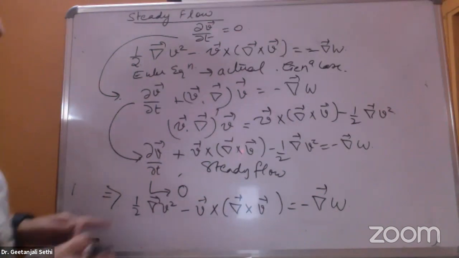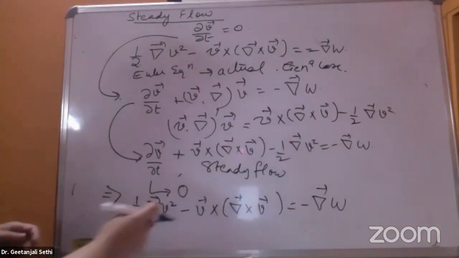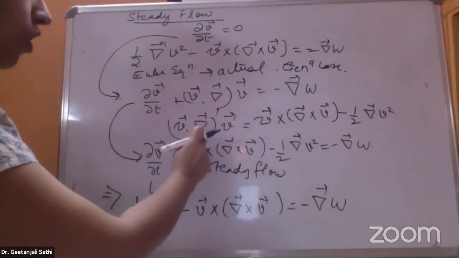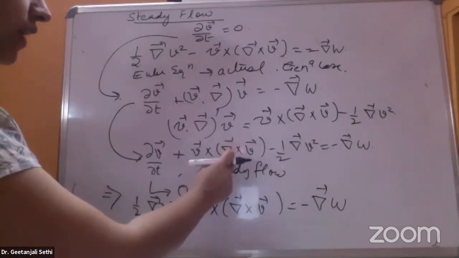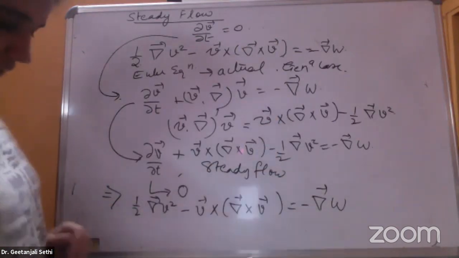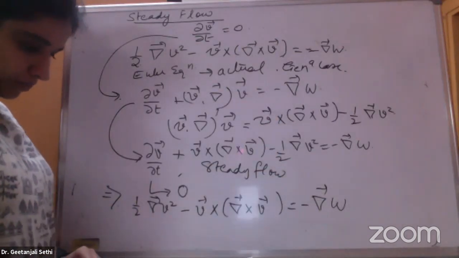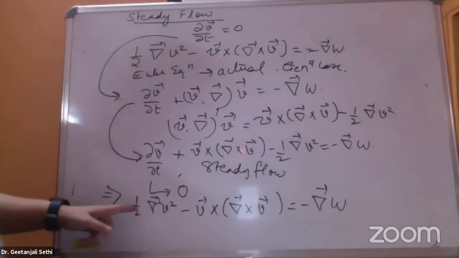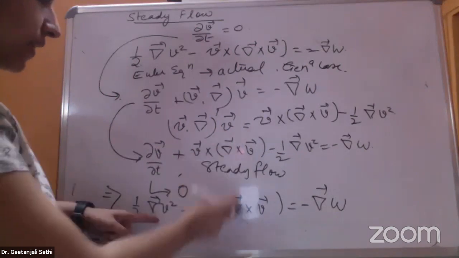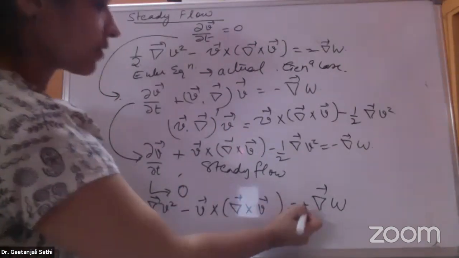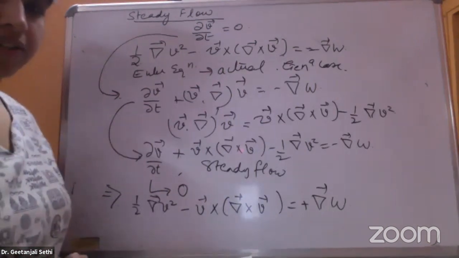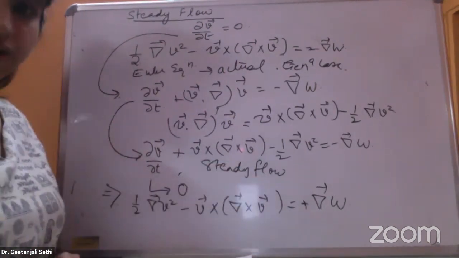Oh, okay, yeah. Oh, true. So I have substituted for V dot del V as V cross, and okay, right. So I will have half del V squared minus V, right, and thank you. Nice, perfect. I agree.